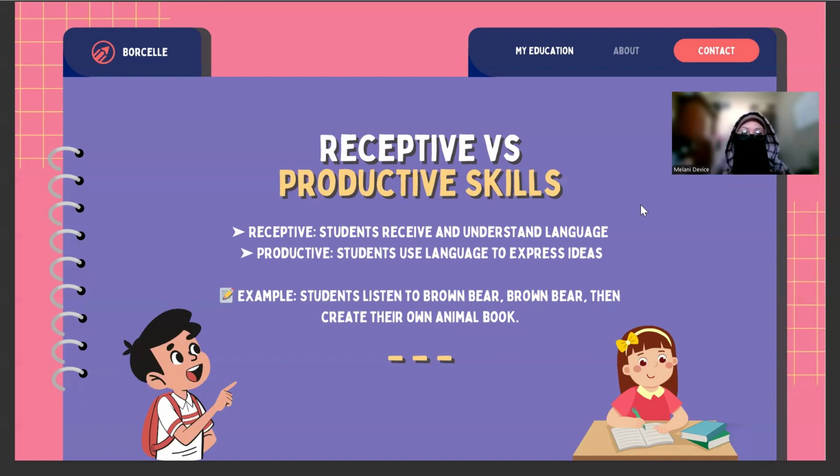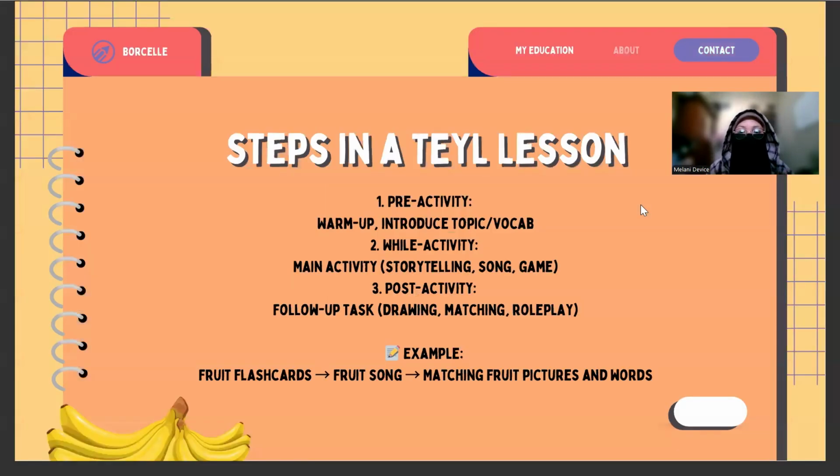For instance, students can retell the story in their own words, or draw and label scenes based on what they understood after listening to the story. So maybe this combination can help them move from input to output in a smooth and, of course, meaningful way.